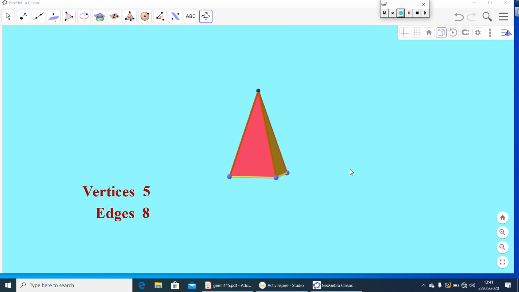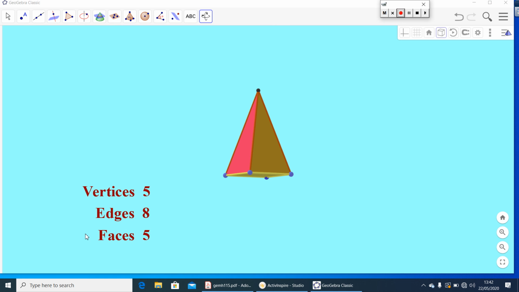Now check how many faces are there. Here on the sides you will get 4 faces, 1, 2, 3 and 4, and at the bottom you will get 1. So a total of 5 faces you will get.